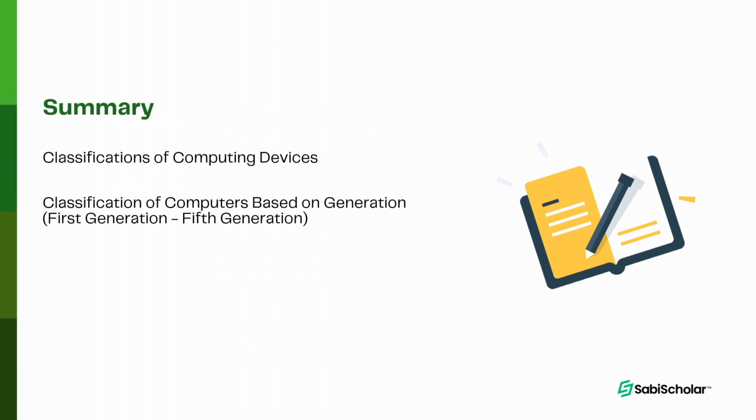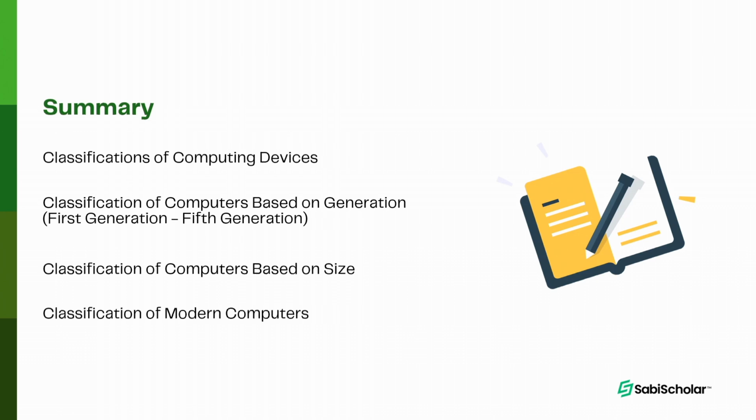Size actually matters when it comes to classifying computers, because a laptop cannot be classified exactly how a mainframe computer or a supercomputer can, because supercomputers can work on trillions of instructions per second, but the laptop is not going to have that particular processing power. So we also looked at the classification of modern computers.